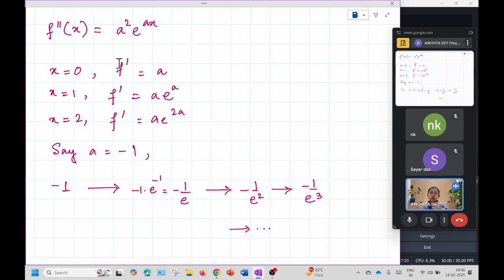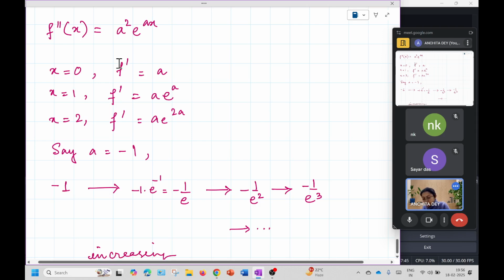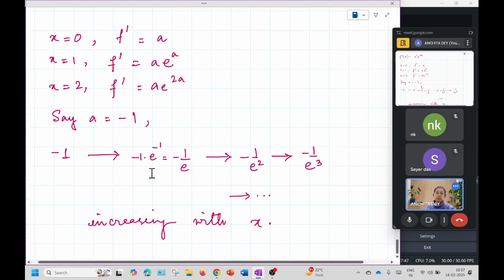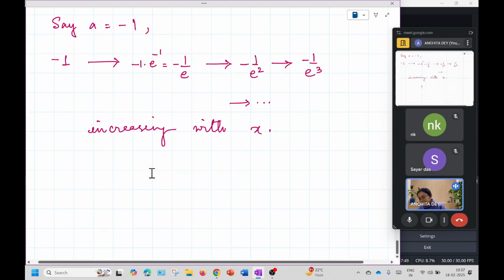If 1 by e square, 1 by e cube are decreasing, then minus 1 by e, minus 1 by e square, minus 1 by e cube would now be increasing. Since the sign is changing, the logic would also be flipping, right? So these are increasing with x.